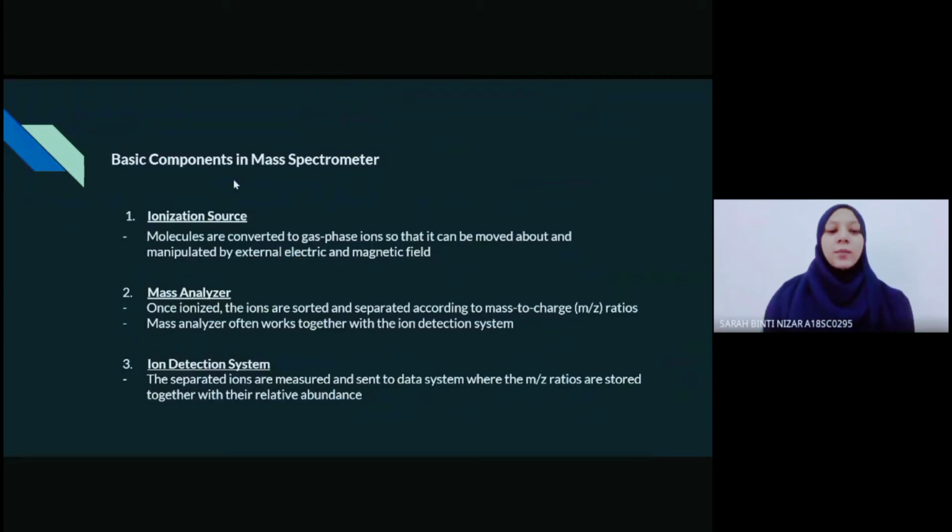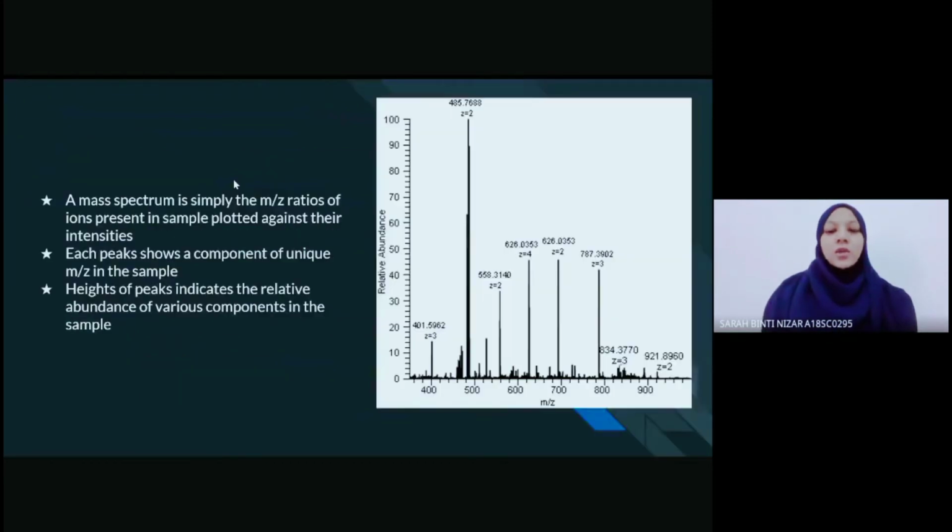And the last component in the mass spectrometer is the ion detection system. The separated ions are measured and sent to the data system where the M over Z ratios are stored together with their relative abundance. So here is the spectrum of a mass spectrometer.